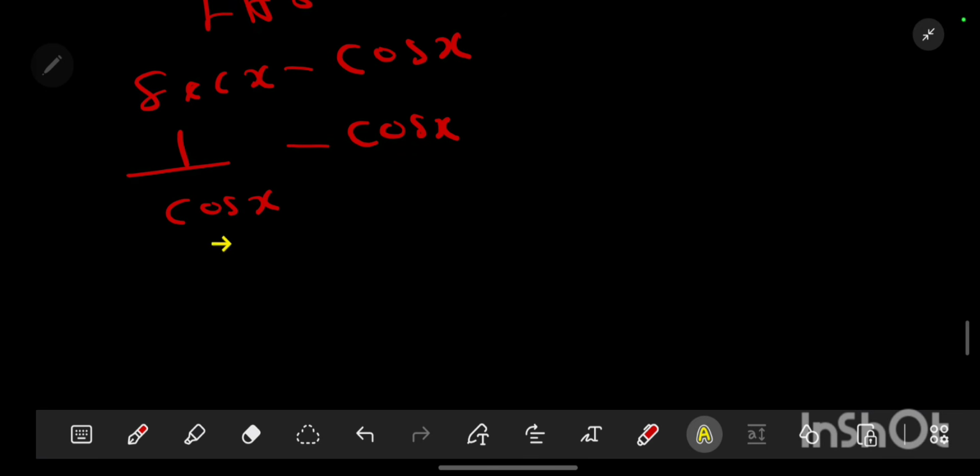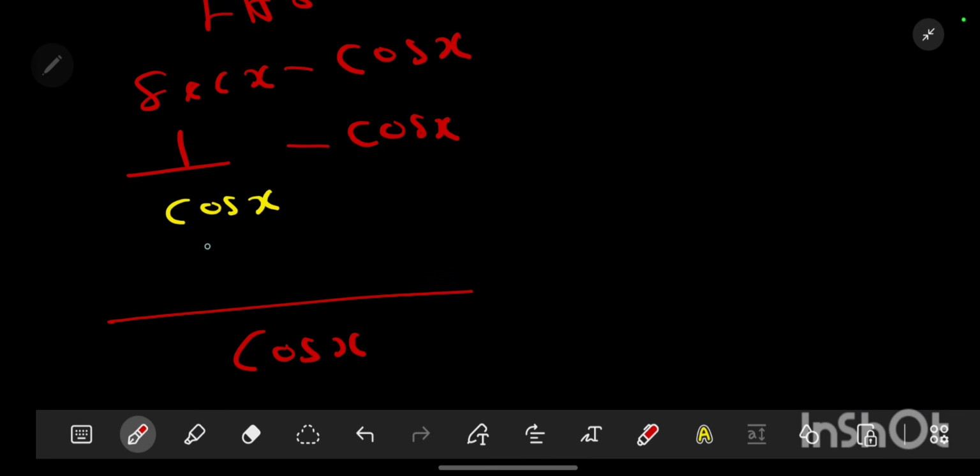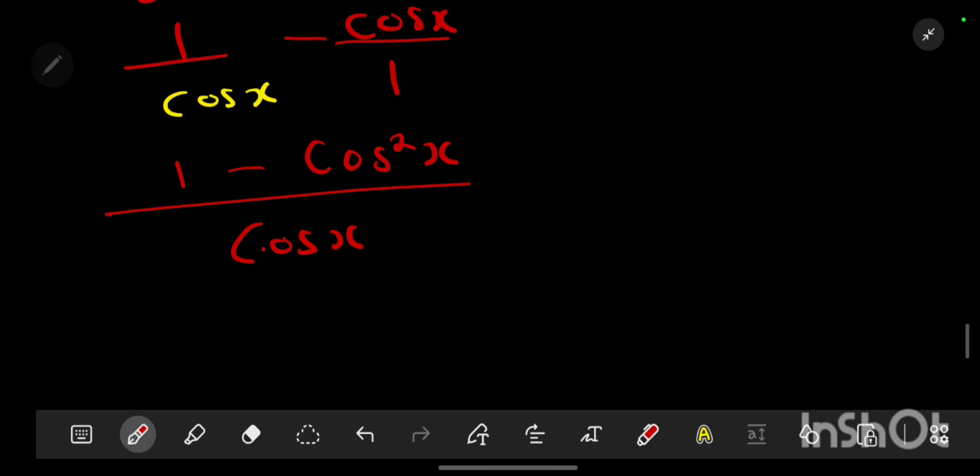Let's use this one as our lowest common denominator. So we have cos x, then cos divided by cos is 1 times 1, it will be 1. Then we have 1 minus cos x divided by 1 times cos, it will be cos squared x. Now if you recall, 1 minus cos squared x is equal to sine squared x.